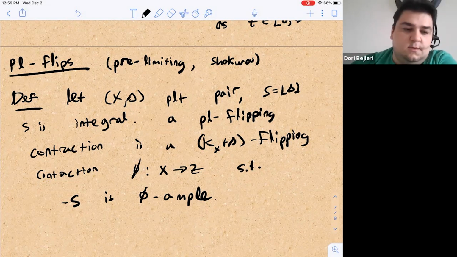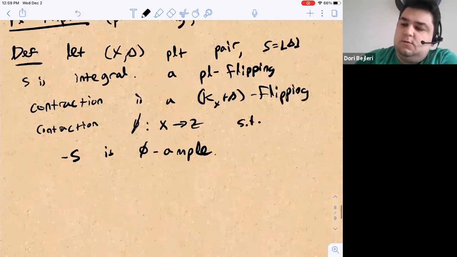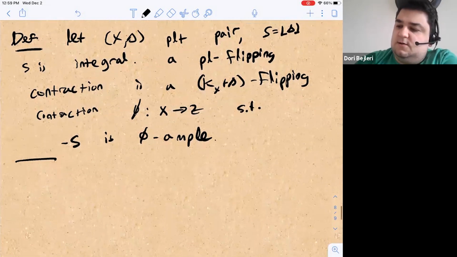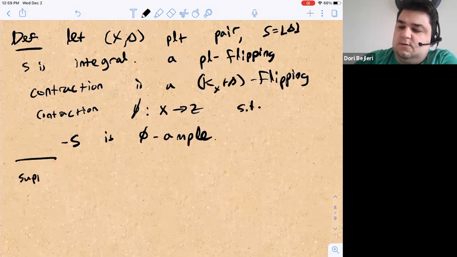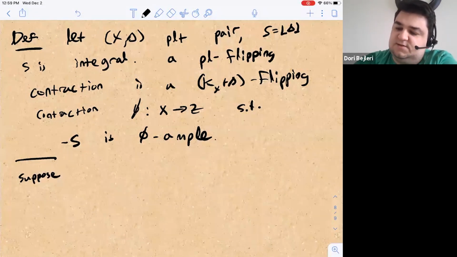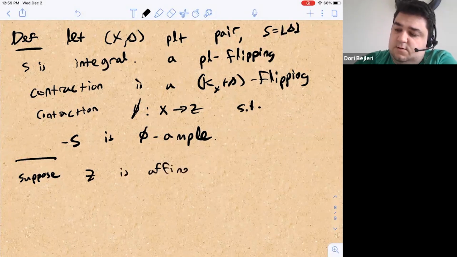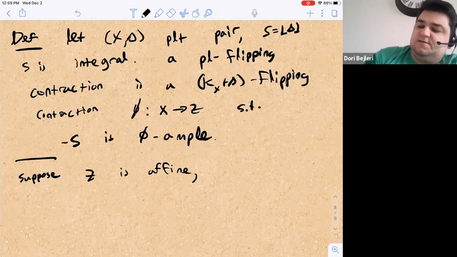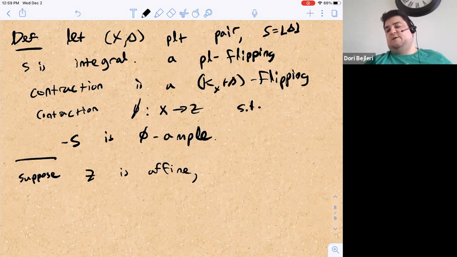And then how do you prove anything? So let's suppose that Z is affine, just to make things easier, because we already saw that the existence of a flip is the same as finite generation of some sheaf of algebras over Z. So let's assume Z is affine, so it's just an actual algebra.